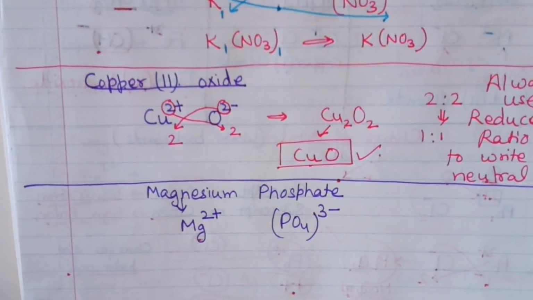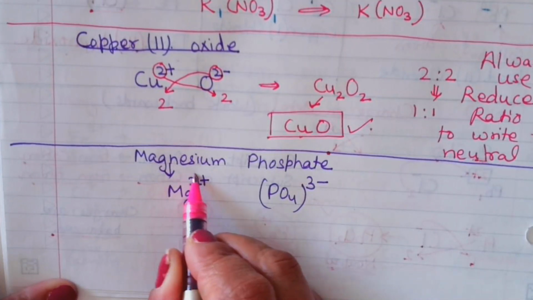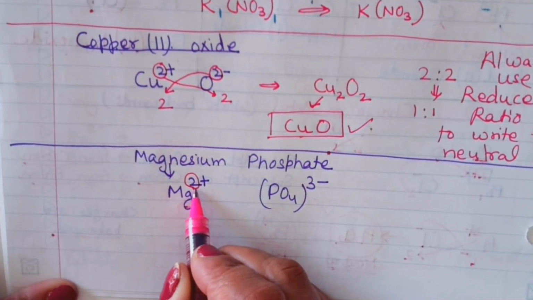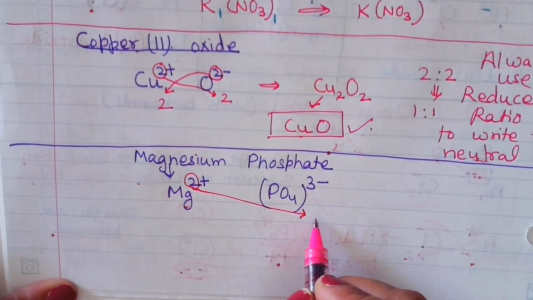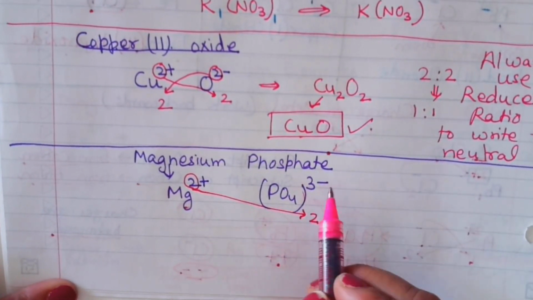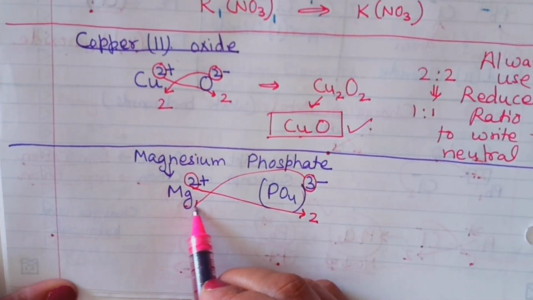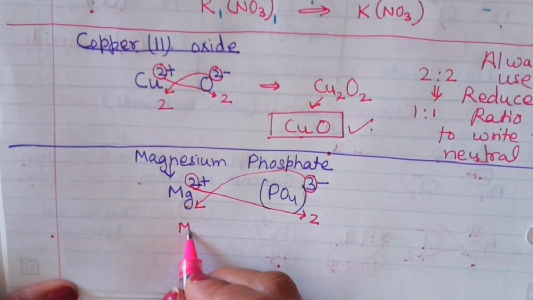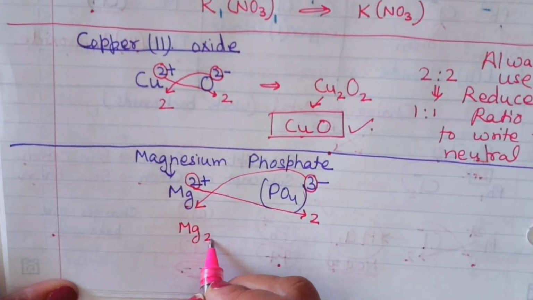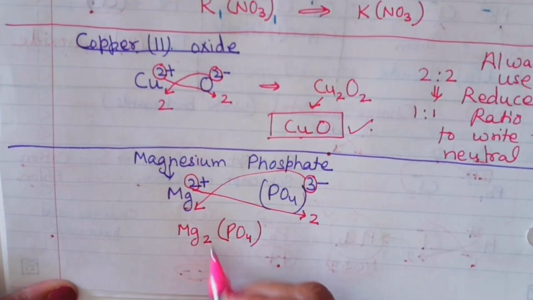Now let's do the crisscross thing to write down the neutral compound. So this 2, the numerical value of the charge on magnesium, becomes the subscript on phosphate. Always use parentheses. And this charge value of the phosphate becomes the subscript on magnesium. So we have Mg, then phosphate is PO4 in parentheses.